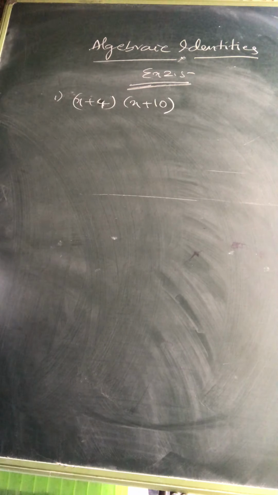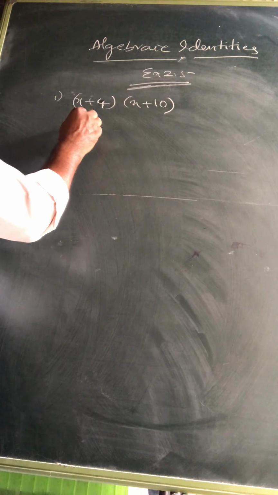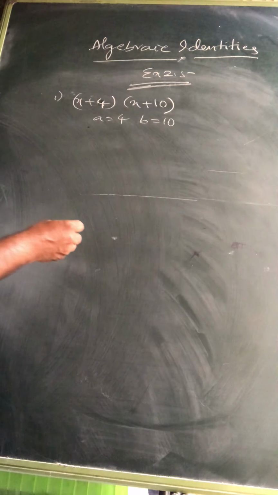This I already gave you as the 11th formula. (x + a)(x + b) = x² + (a + b)x + ab. Now see here, x means x only. Here a is 4, b is 10.